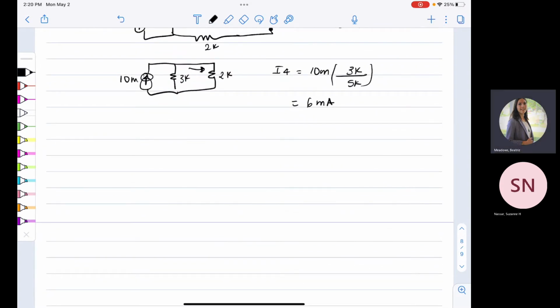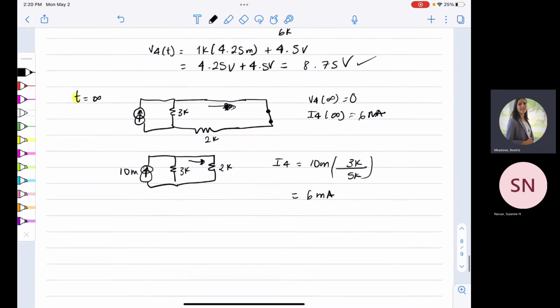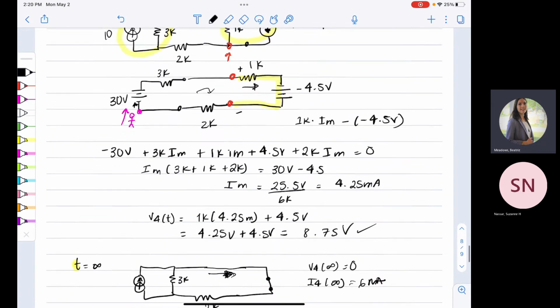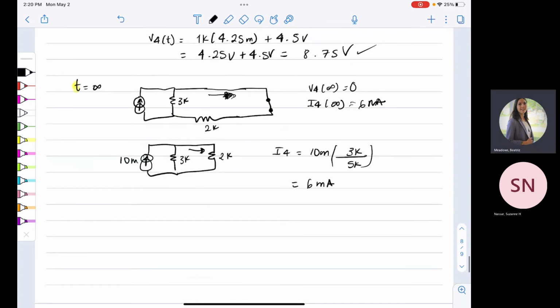So our network at infinity, let's look back to that. And then you also have to short your, or open your current sources, short your voltage sources. In this case, we only have a current source, so we're going to open that. And then we have this resistor here.